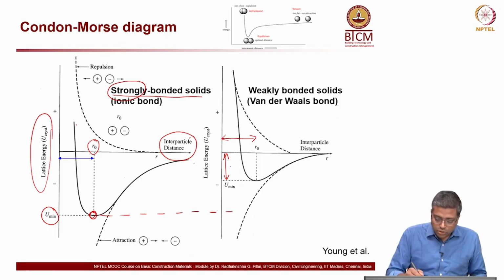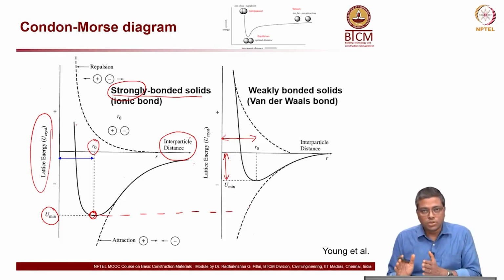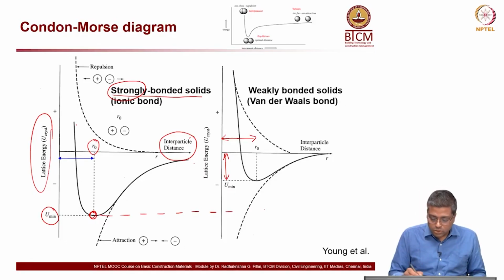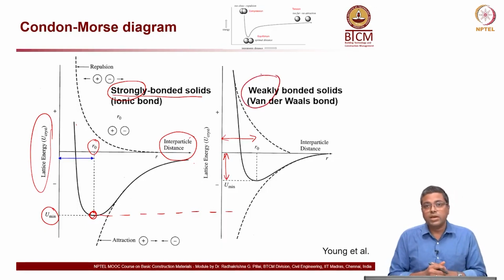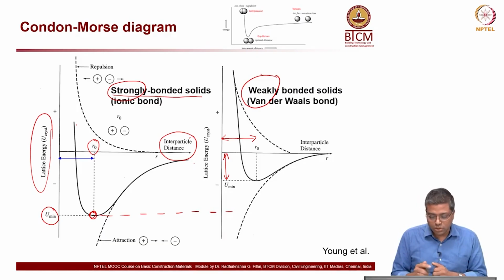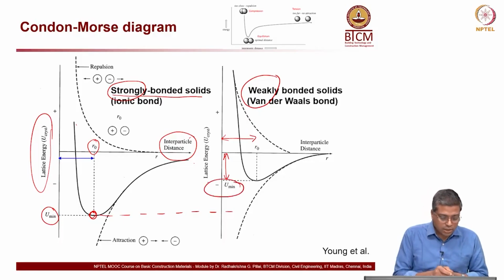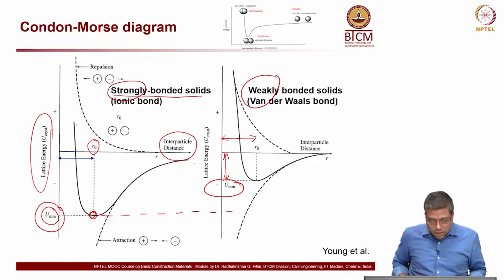So, U min in case 1 is more than the U min in case 2, in magnitude. So, we can say that case 2 is a weakly bonded solid. The bond is very weak. It is easy to break that bond in case 2, because the energy required to break it is very low as compared to the first case.